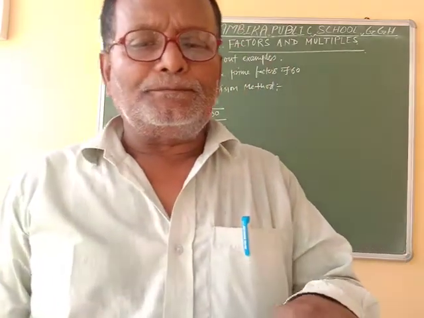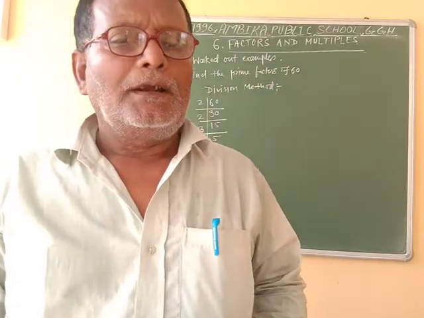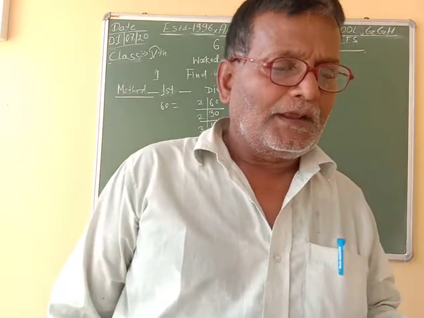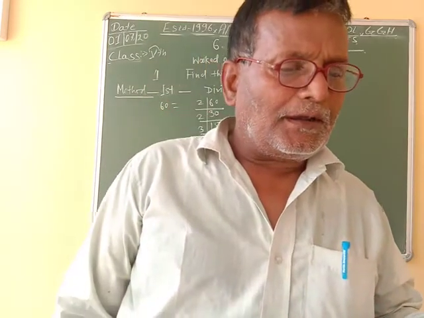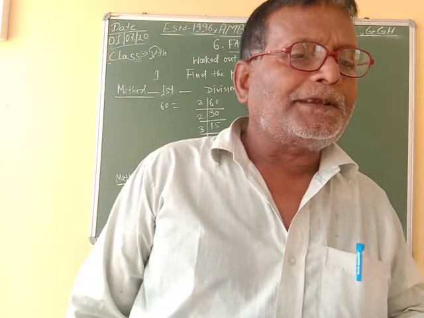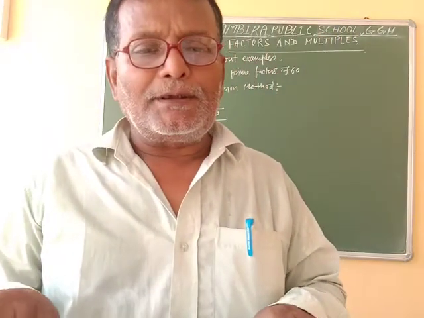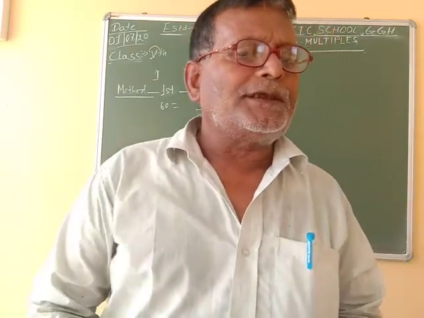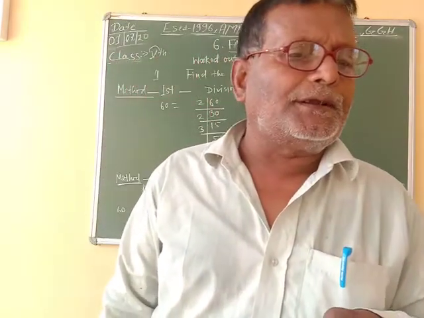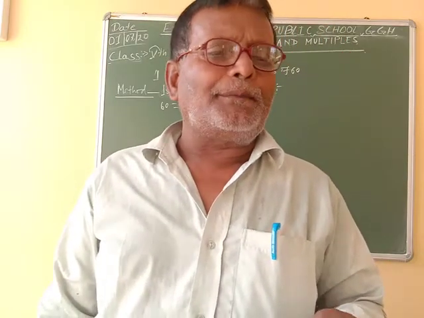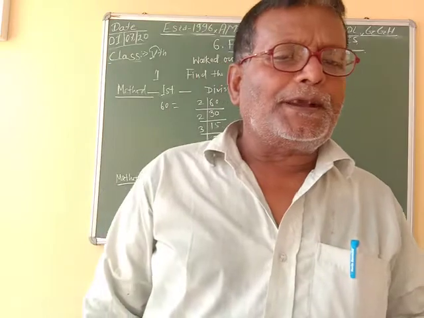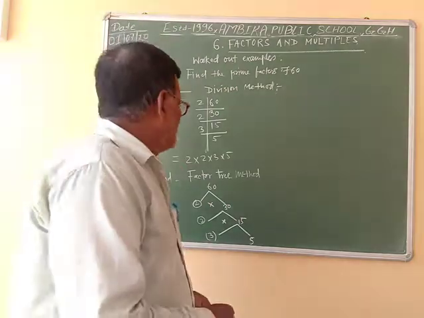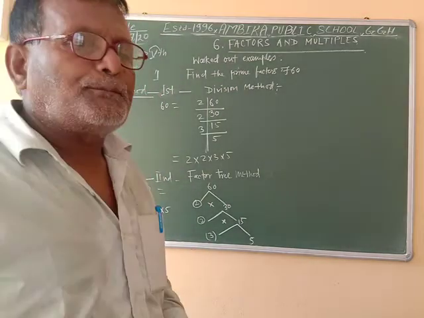And now in type 3 questions. Now example 3, example 4, 5. Example 4: separate the prime and composite numbers from the following. We know that a number having exactly two factors is a prime number, and a number which has more than two factors is called a composite number.